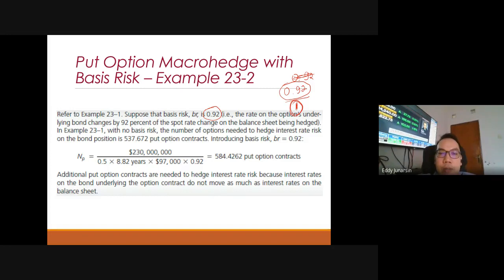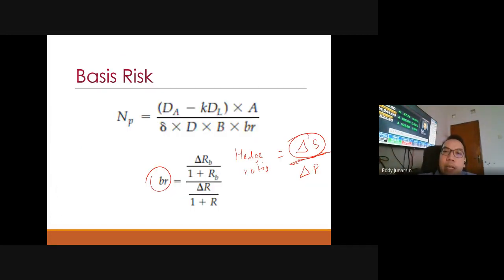Once again, basis risk is always the ratio between what is happening in the spot world, the real world, divided by what is happening in the derivative markets, in this case the option world. If we are saying the basis risk is 0.92, it means 0.92 per 1.